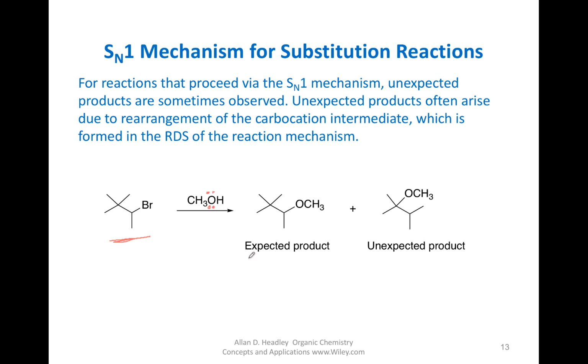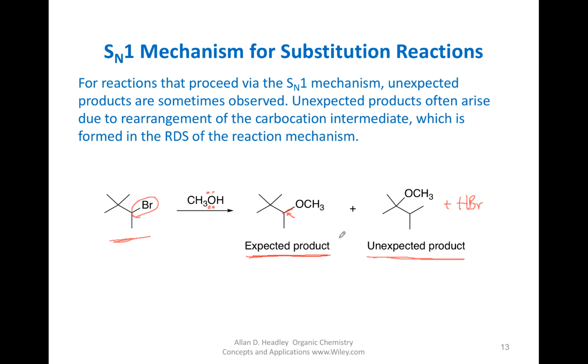So for the expected products, you would expect this bromine to leave, and this would bond to that carbon to make this bond. Of course, we have here HBr. So this is expected. However, if you went in the lab and carried out this experiment, you would also get this product as the unexpected product.